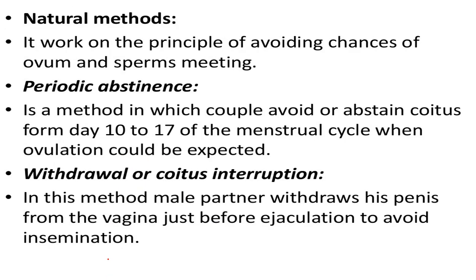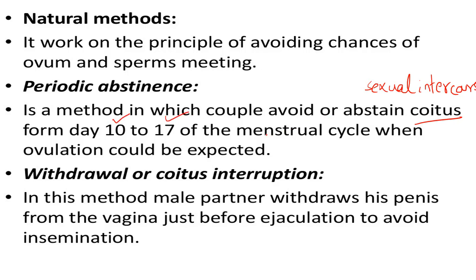Natural methods. Here you do not have to use anything extra. Only naturally there are chances that you can prevent fertilization. It is said that if a couple avoids coitus, meaning sexual intercourse, during 10 to 17 days of the menstrual cycle of the girl, then there are chances that the girl will not get pregnant, because fertilization takes place when the egg is in the fallopian tube, and the egg is in the fallopian tube from day 10 to day 17 of the menstrual cycle.